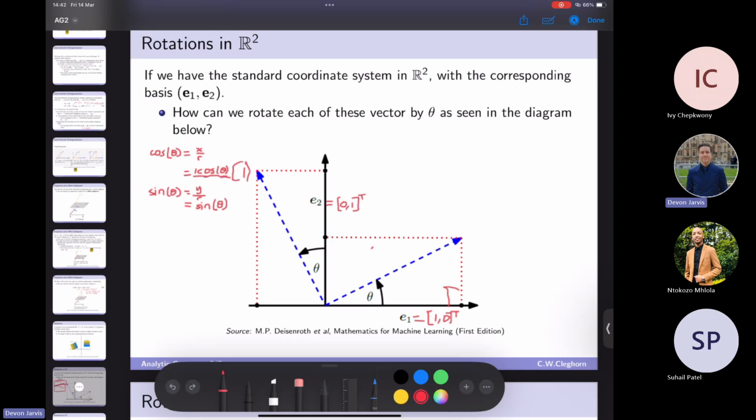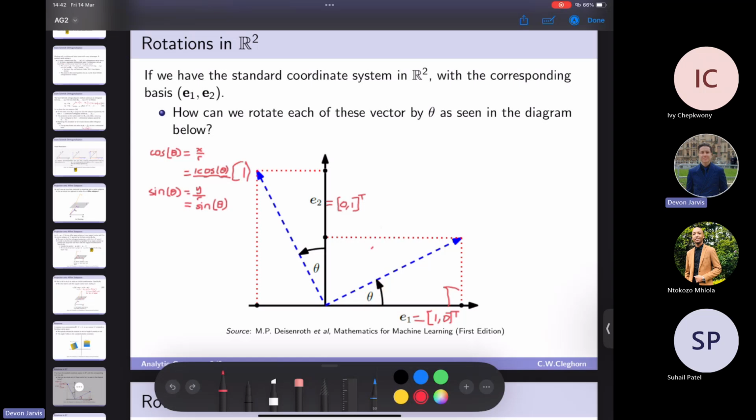Cos of theta is always equal to x over r, this distance divided by the radius of your circle, forming your triangle. That forms the 90 degree angle with respect to your x-axis and your final point, and you can then get the cos of theta out of it.